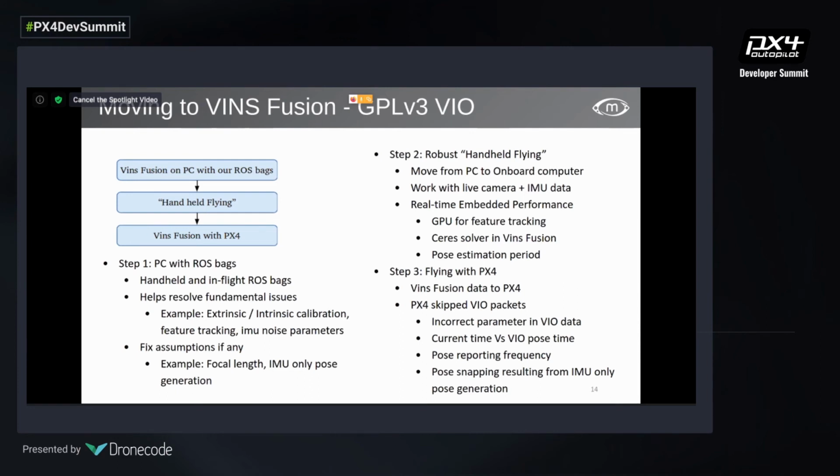What we noticed was that if we are not performant enough, then the functionality also starts breaking down. So we had to resolve a lot of performance issues so that the functionality stayed intact. Some of the things that we did were to use the GPU for feature tracking instead of the CPU, and some optimizations related to the Ceres solver, specifically in VINS-Fusion.